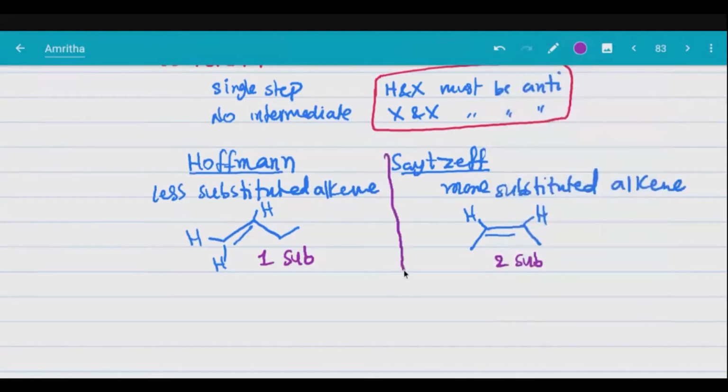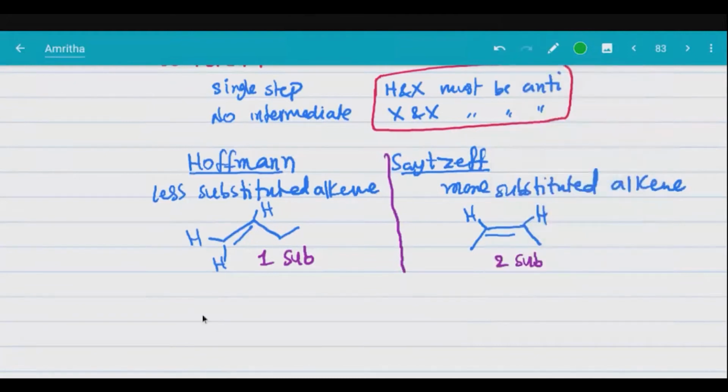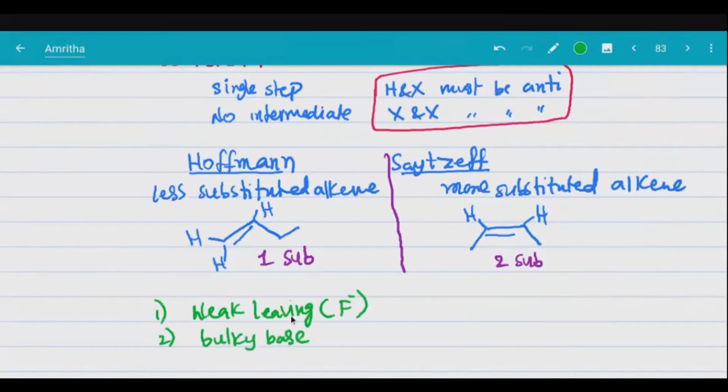So when is Hofmann possible? Look at 2-3 conditions here. Weak leaving group. Weak leaving group like fluoride, the best example. And bulky base. Bulky base means very big in size.